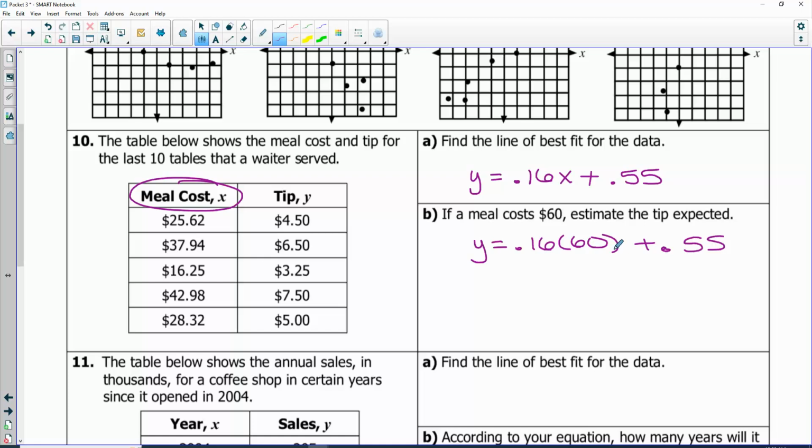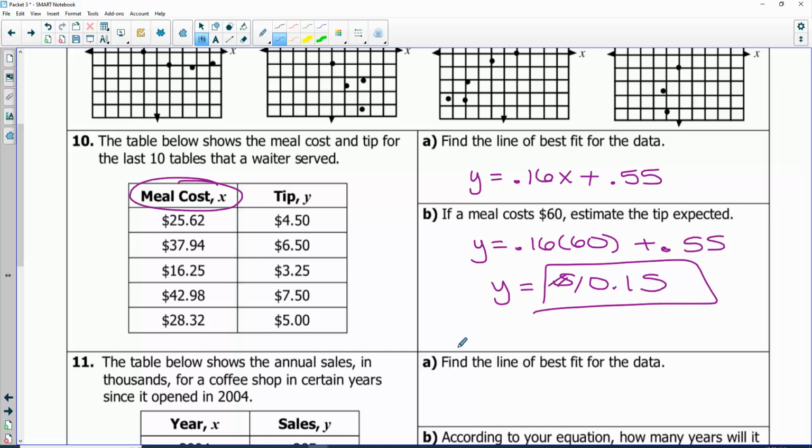If you just hit clear, it should take away that menu that you're in, so 0.16 times 60 plus 0.55. So we should get $10.15.